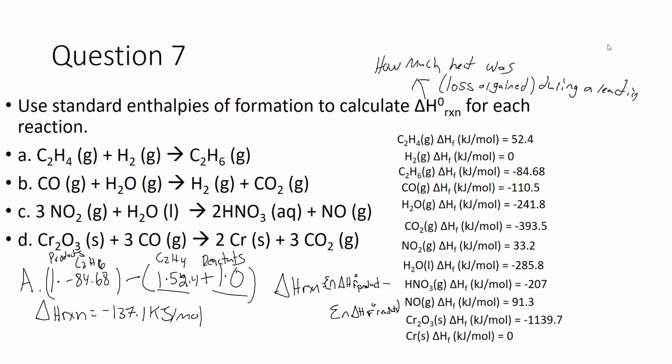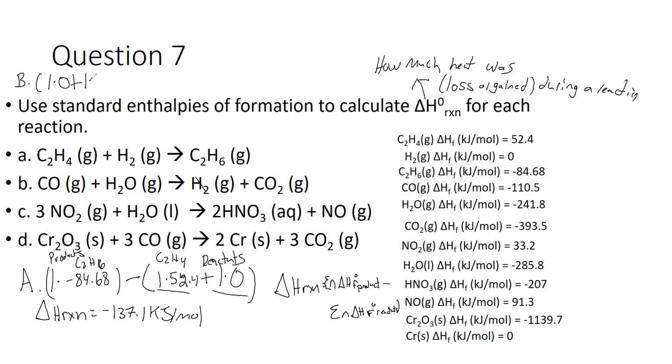So same exact math as the last problem. Same way to set up the math, that is. So B, products minus reactants. So 1 mole of H2, and H2's delta H of formation is 0. So 1 times 0 plus the second element, CO2.